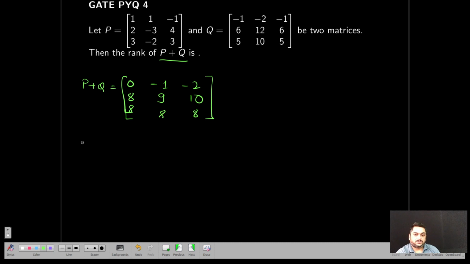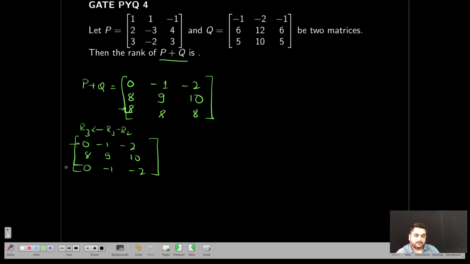So go for row echelon form. I'll try to make this 0. So R3 is R3 minus R2. 0, minus 1, minus 2, 8, 9, 10, 0, minus 1, minus 2.